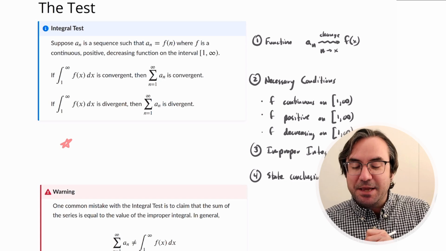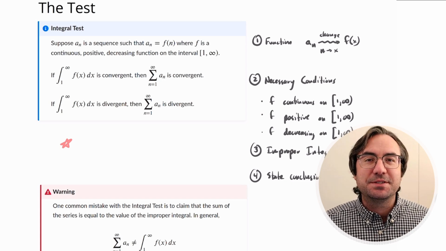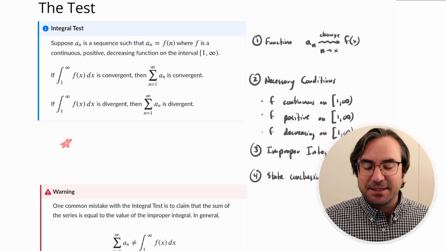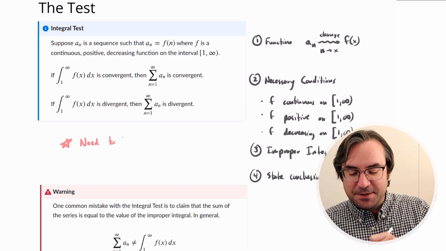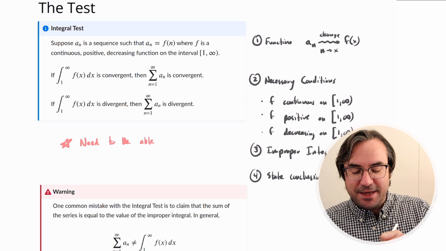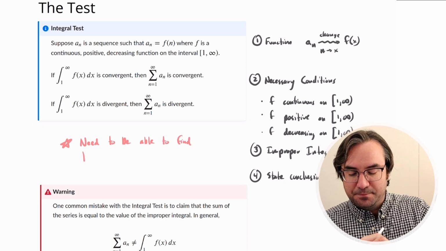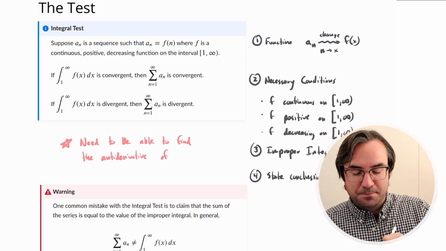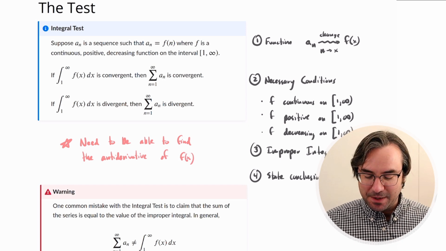So just keep in mind, if you have a really crazy looking formula for your sequence and the series ultimately, you might not be able to find the antiderivative. Sometimes that's easier said than done.